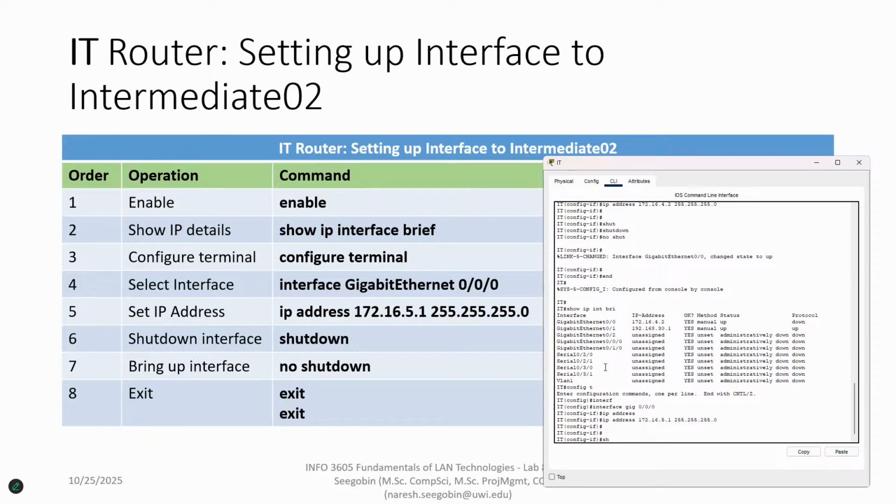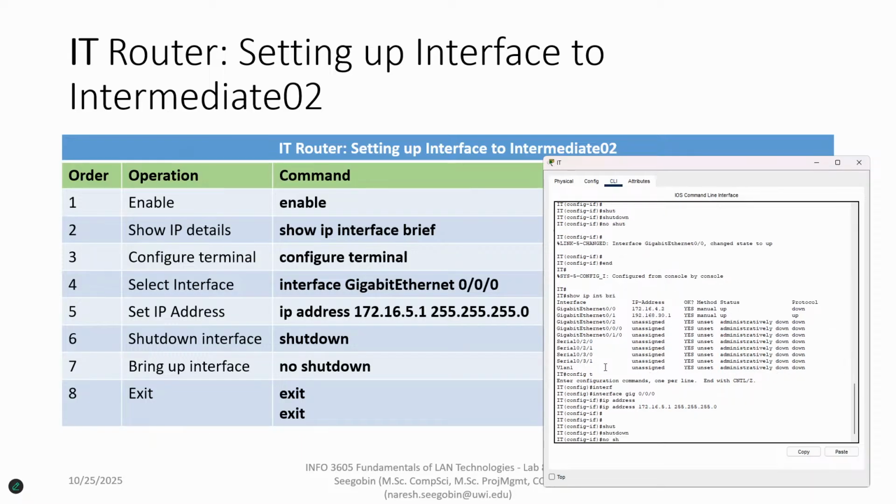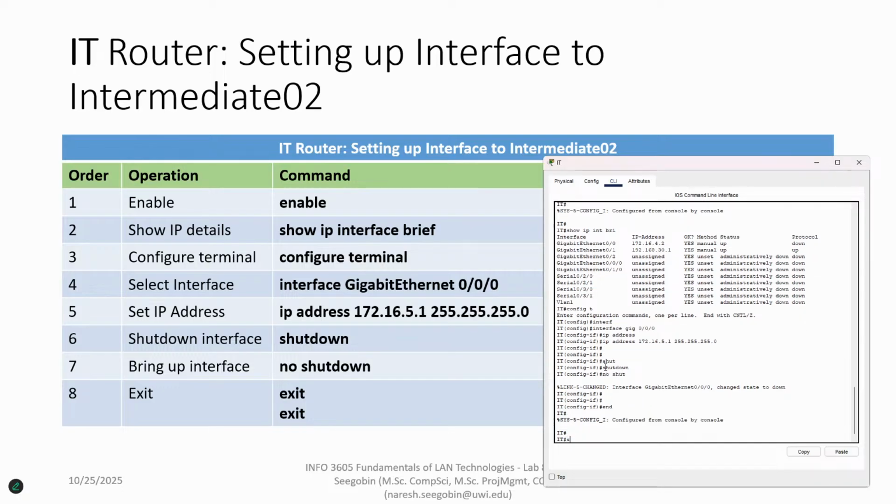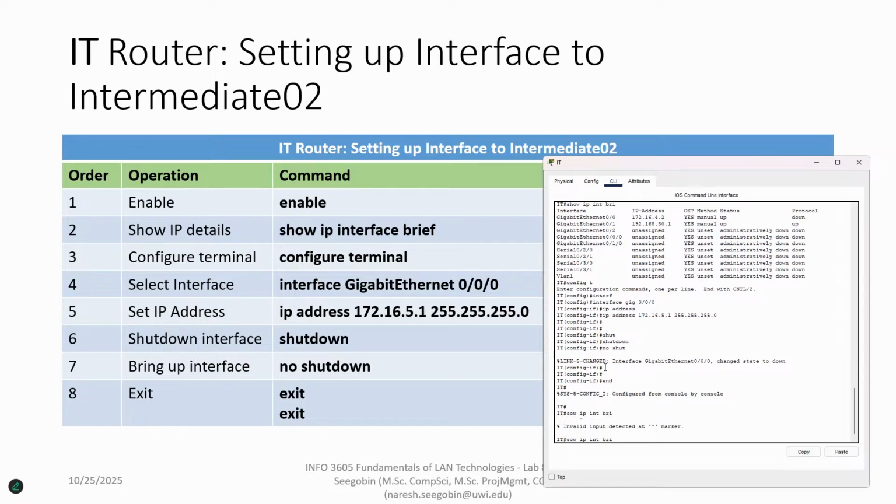Right, shut, no shut. May or may not have to do shut, no shut, but I'll tell you why. In the event that the port is already shut down, you'll want to do that to make sure it comes back up, right?